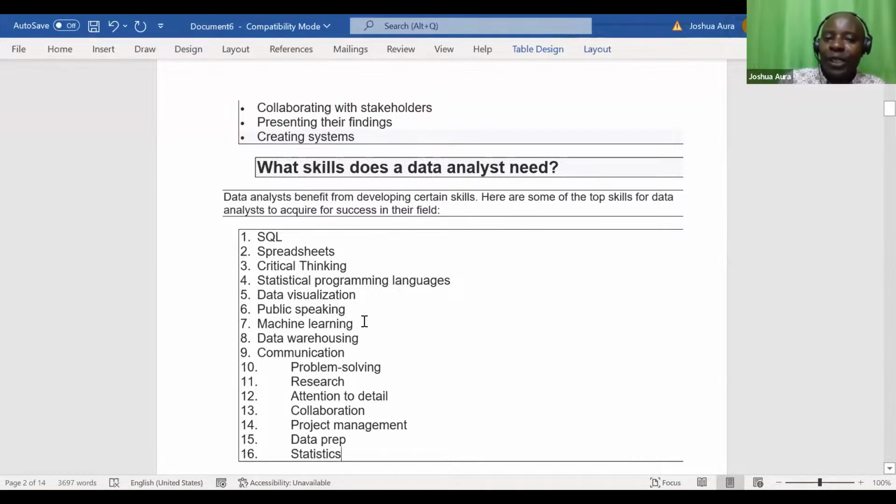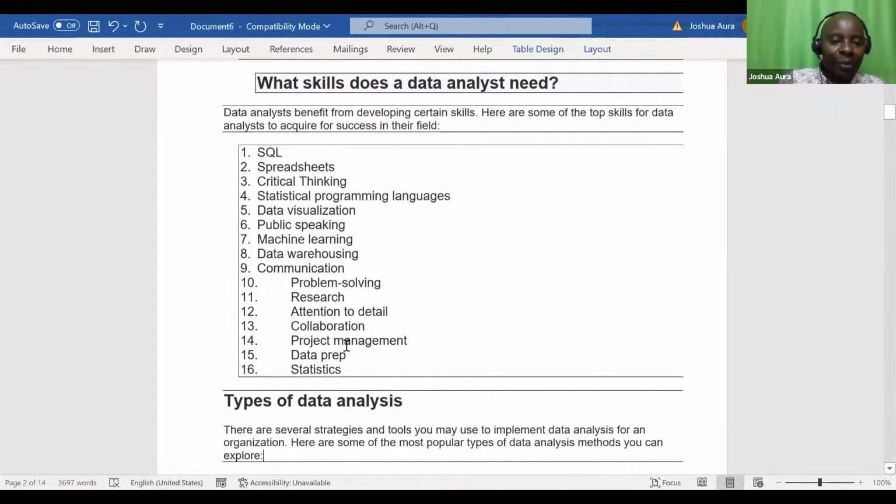You must be good in artificial intelligence, data storage, communication, pretty much similar to public speaking, problem solving. You must be a good researcher, with attention to detail and collaboration. Especially when you are doing data mining, it's a project by itself, so you must be good in project management. Then we have data preparation and statistics.